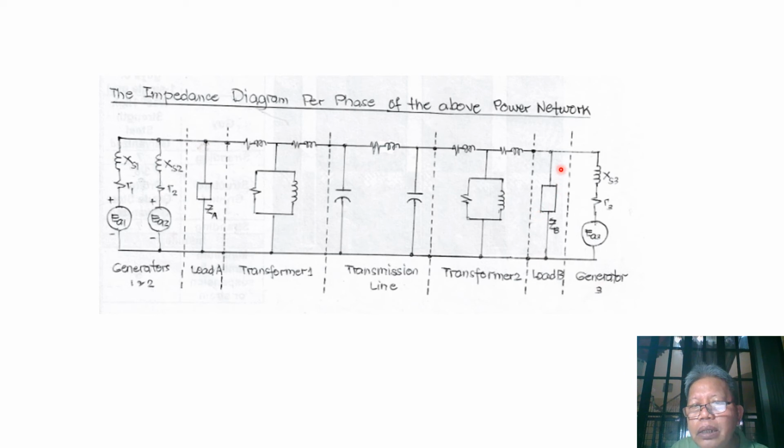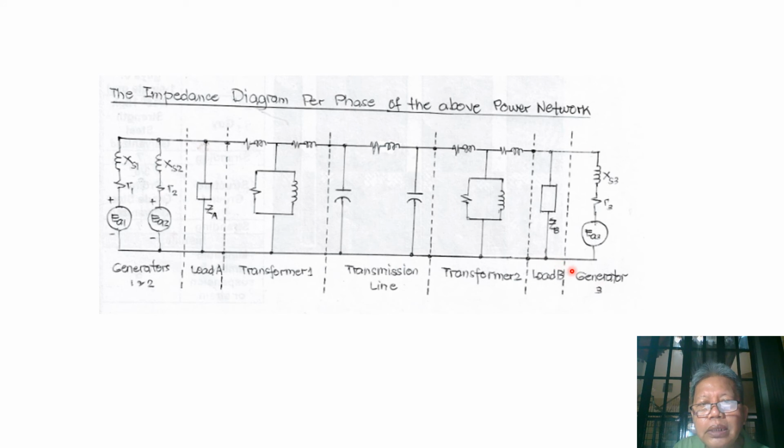Another equipment connected to this bus is the third generator, where we have the generated voltage EA3 with its resistance R3 and its synchronous reactance XS3.